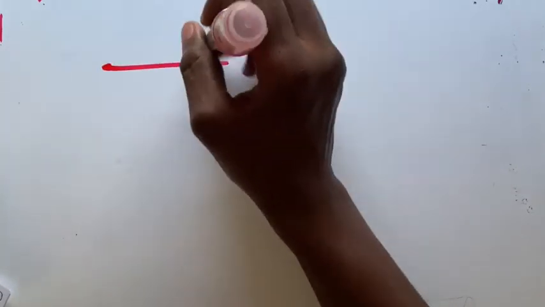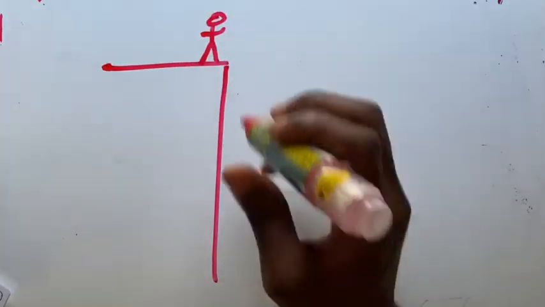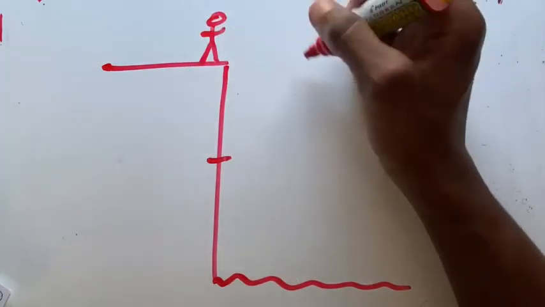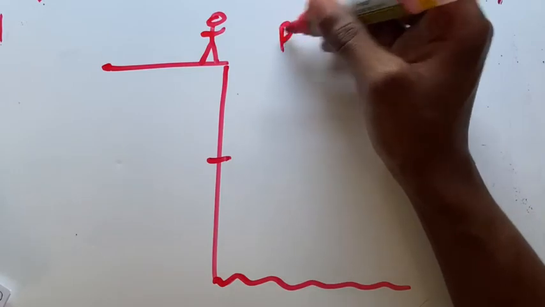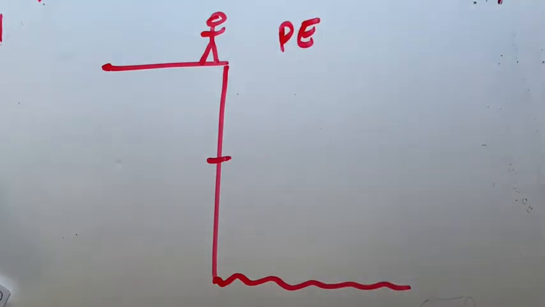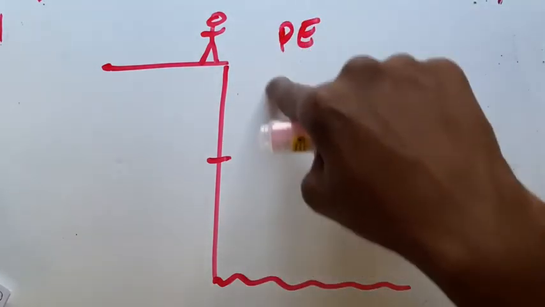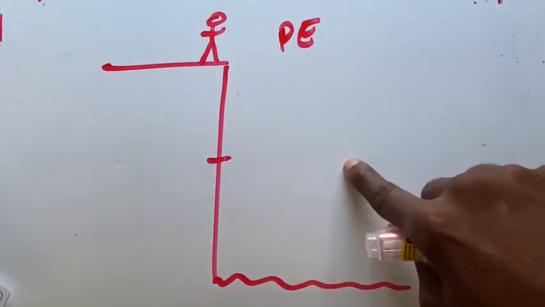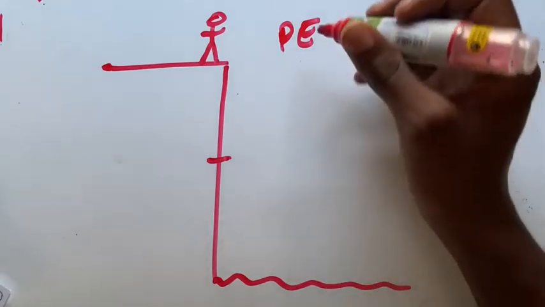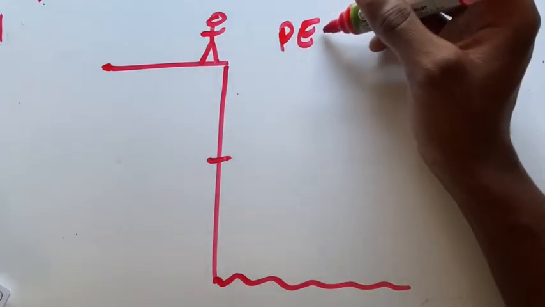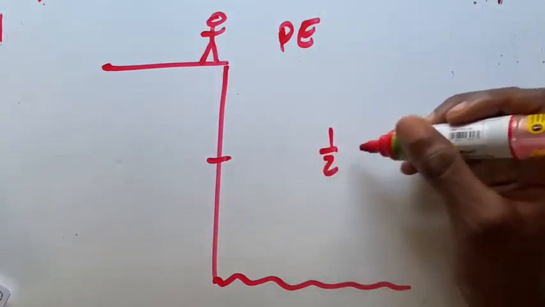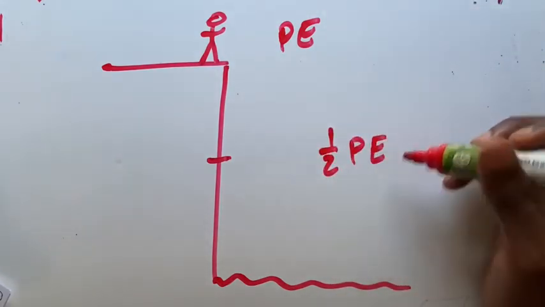Because we have some diver up here. Let's say this is halfway. That's the water. So up here, he has only potential energy, right? Because he's not falling with any velocity yet. So once he gets halfway, the potential energy is going to decrease by half, right? So here he's going to have half the potential energy.